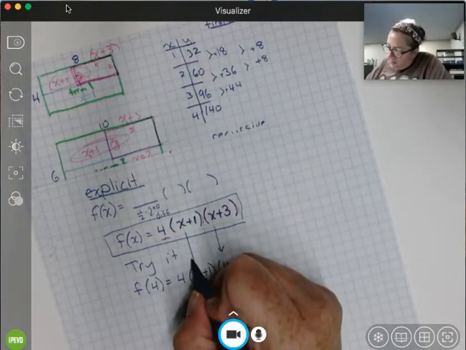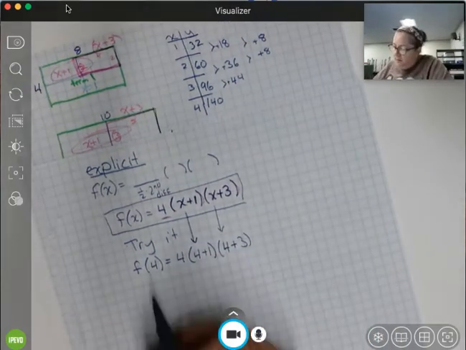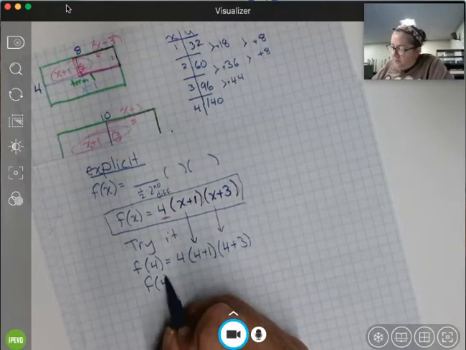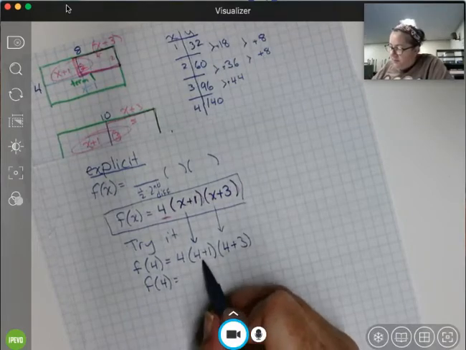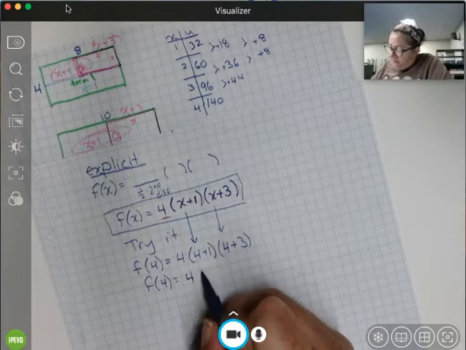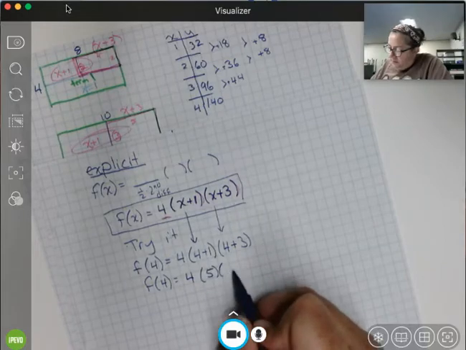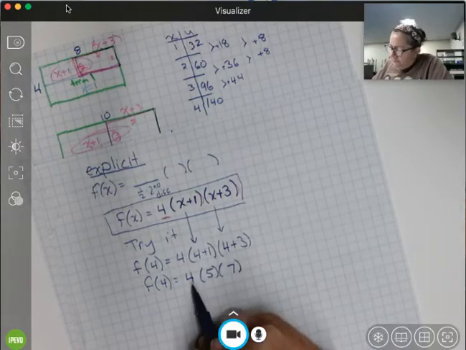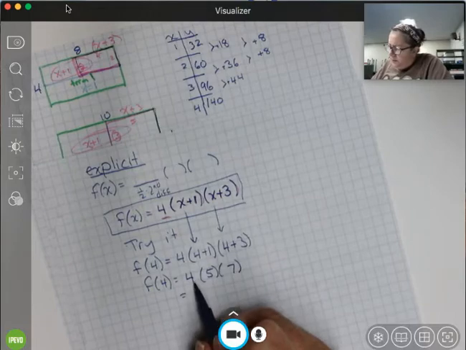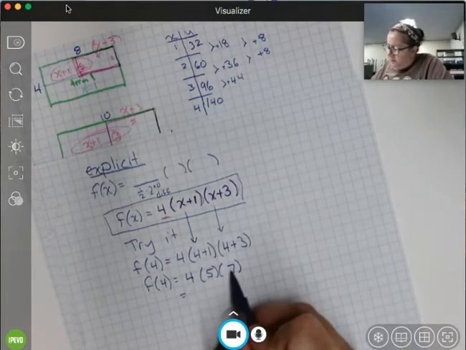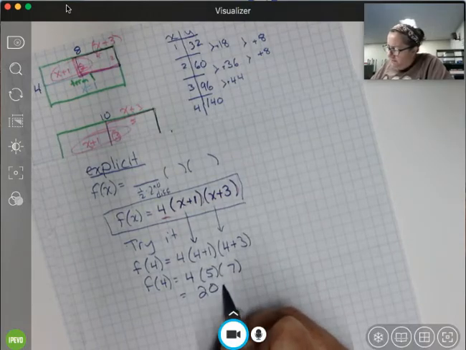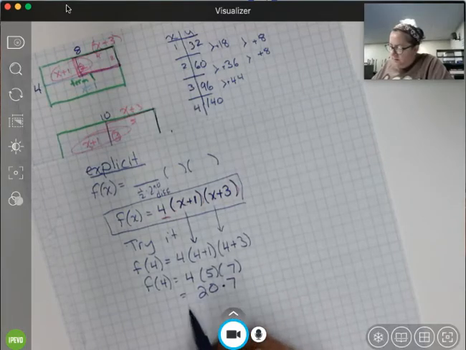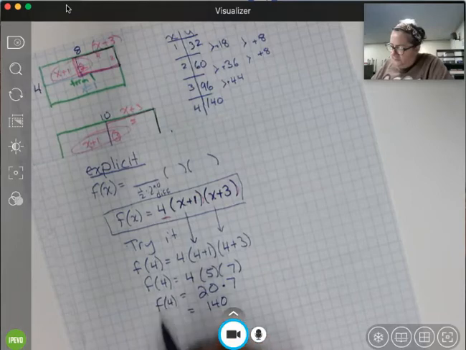I just substituted a 4 for all my x's. And then we have to do our order of operations here. Remember PEMDAS, parentheses first. So that's times 5 and 7. And then when we multiply, we don't distribute. We just multiply these two and then these two. So that's 20 times 7 equals 140. And that is what we got for f of 4.